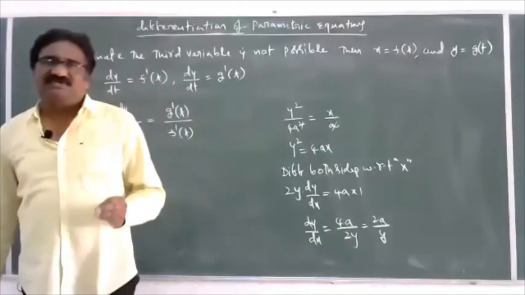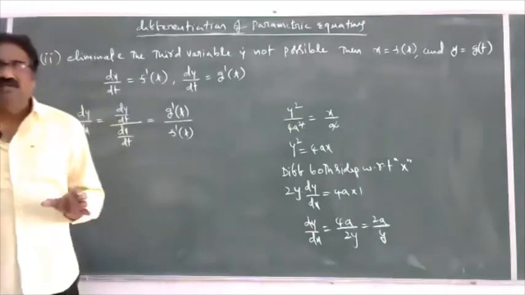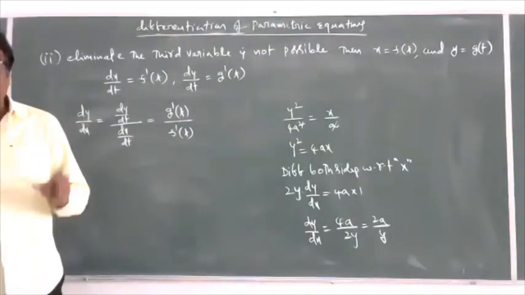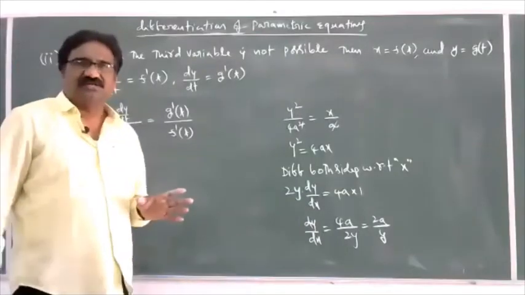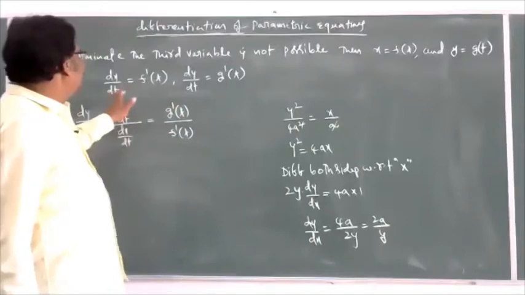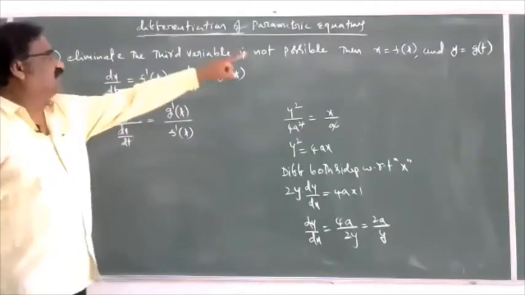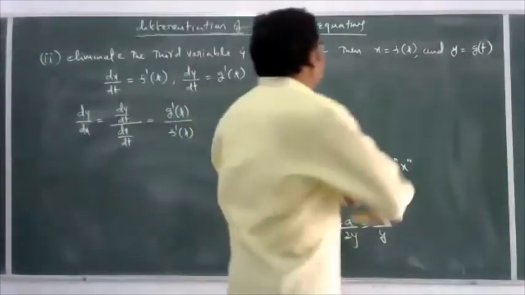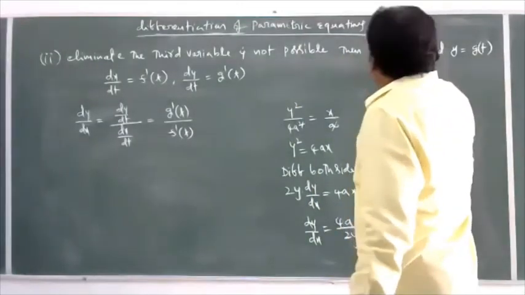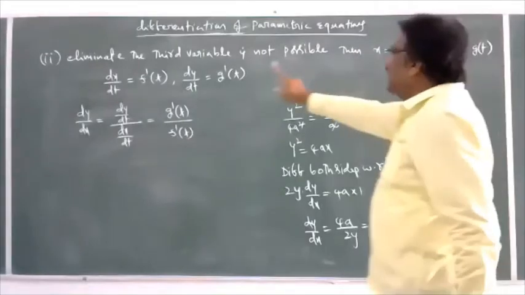In some problems, eliminating the third variable, that is the parameter, is not possible. Then you go for this method. First, you differentiate both sides with respect to t. For the first equation, x is equal to f of t, dx by dt gives f dash t, and dy by dt gives g dash t.